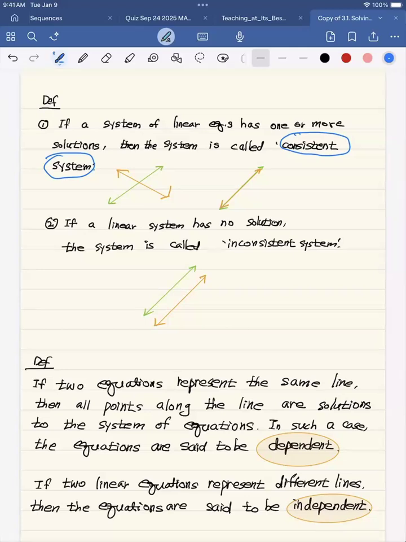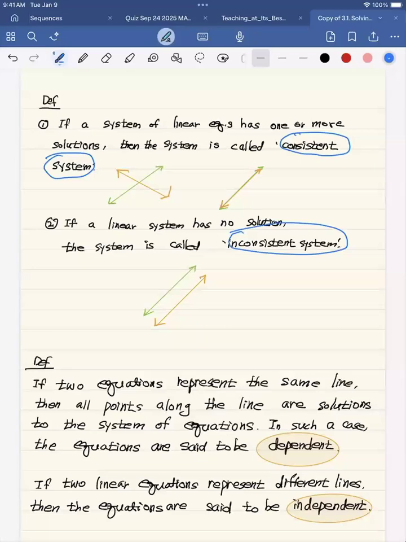There is a case where the linear system doesn't have a solution. Then the system is called an inconsistent system. What is the case?